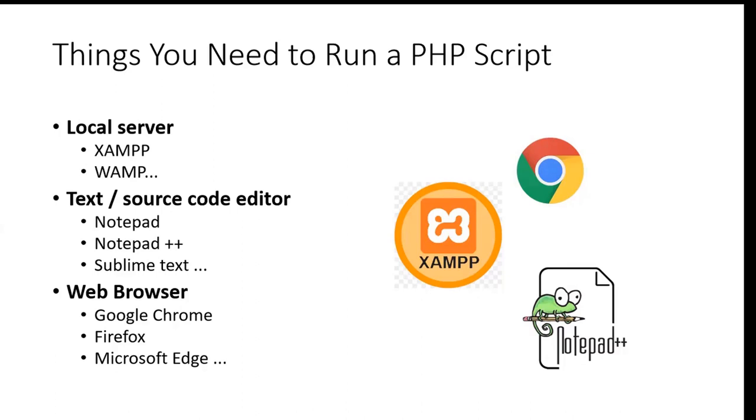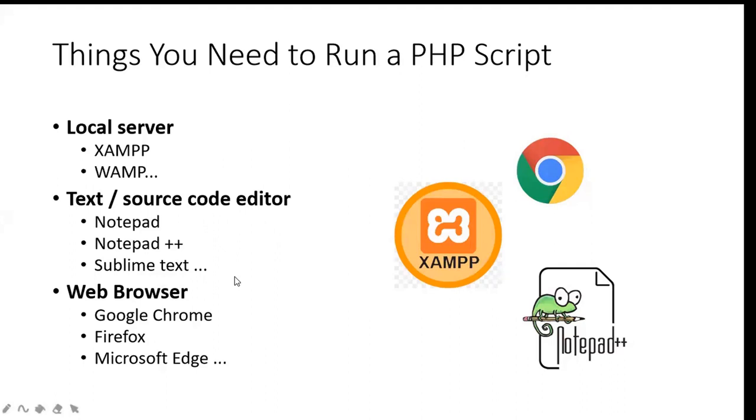But for clarity of the code that we are writing, I recommend using some kind of source code editor because it gives more clarity to your source code. You can understand once we start doing this.